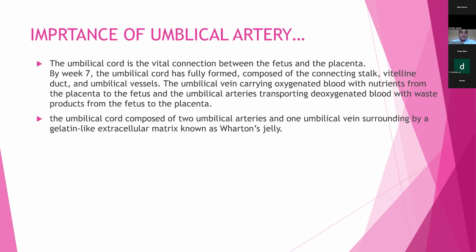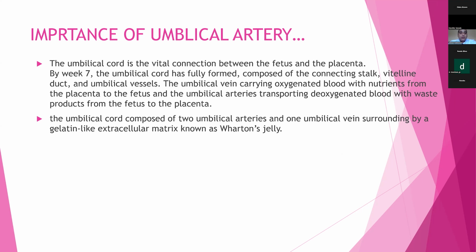About the importance of the umbilical cord, it is the vital connection between the fetus and placenta. By week 7, the umbilical cord has fully formed, composed of the connecting stalk, vitelline duct, and the umbilical vessels. The umbilical vein carries oxygenated blood with nutrients from the placenta to the fetus, and the umbilical arteries transport deoxygenated blood with waste products from the fetus to the placenta.